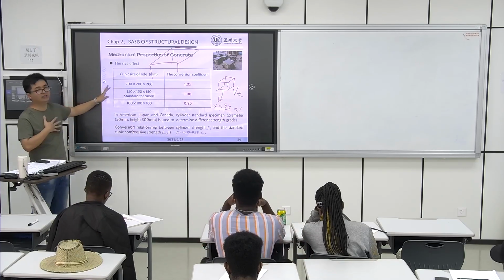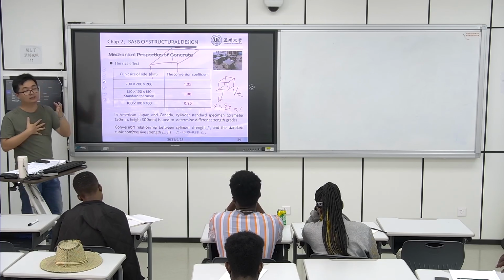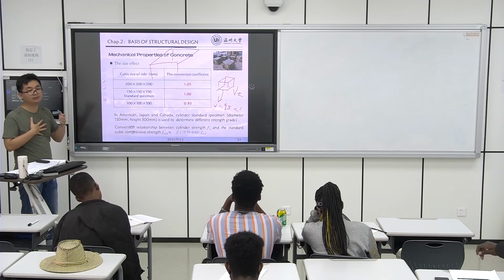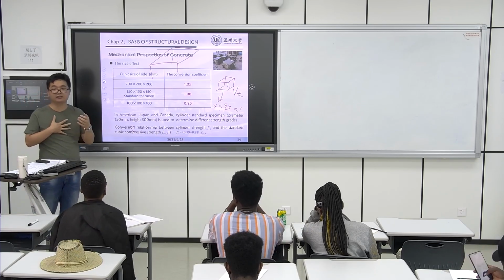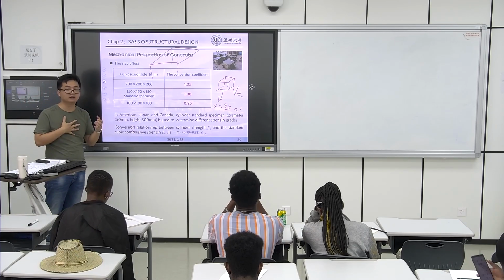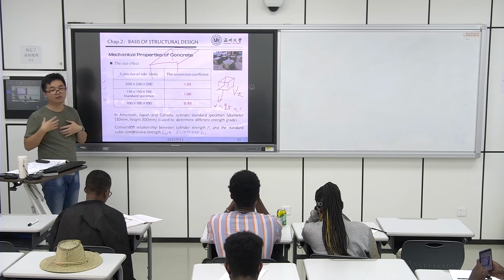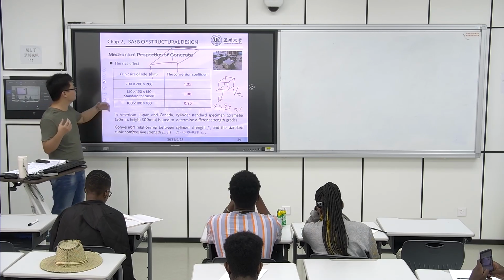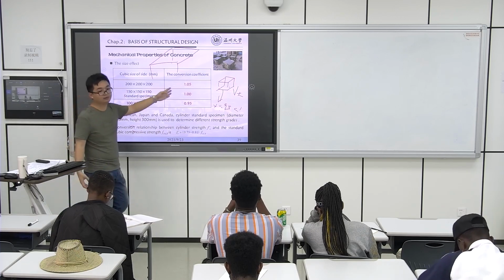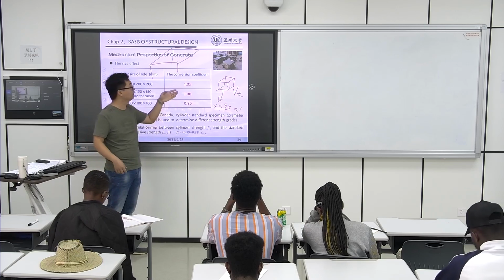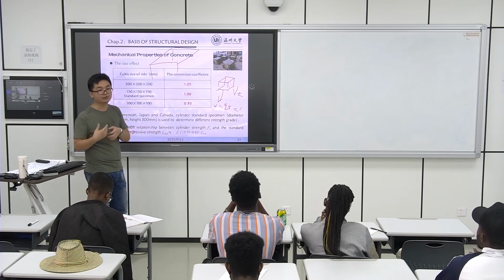What I introduced here is the test process to get the standard compressive strength based on the cubic specimen. And because some places use the larger size and smaller size, there's a coefficient we need to use.